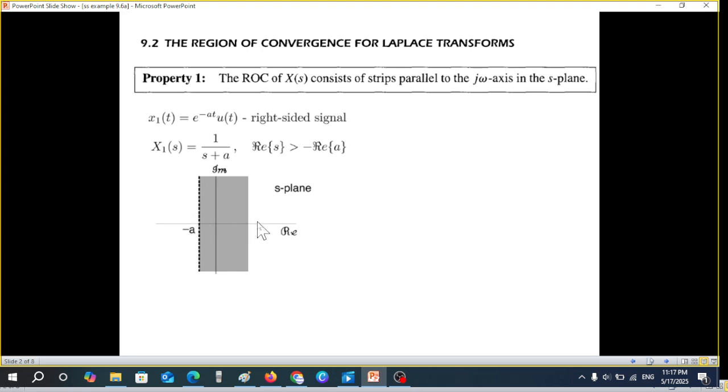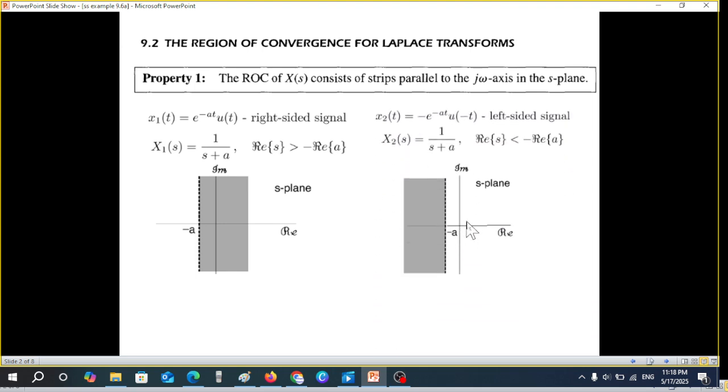So we draw the pole line, and to the right of the pole line we can draw vertical lines. This whole thing will be the S plane. This is the plane for the signal x1(t), which is right-handed.